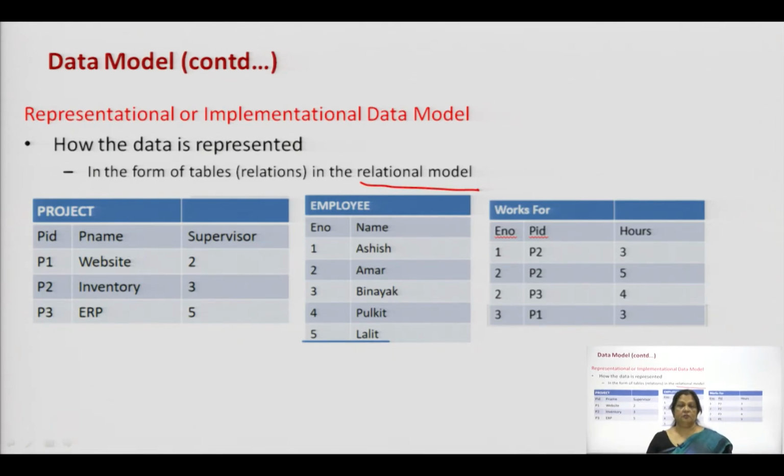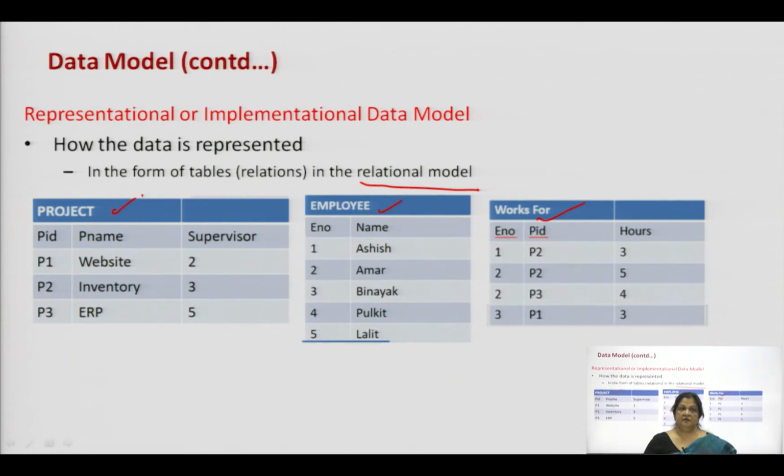In the relational model, the representational model uses tables, also called relations, where the tables correspond to the objects that are there. We have seen project, we have seen employee, and to the relationships that are there between these objects.